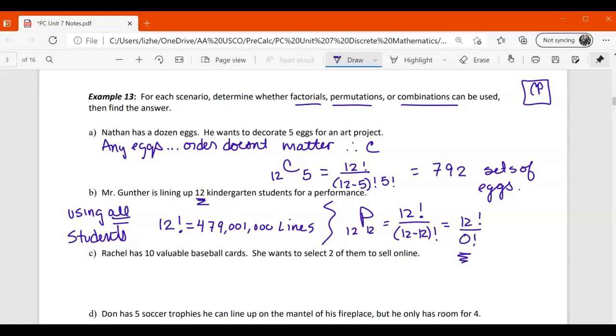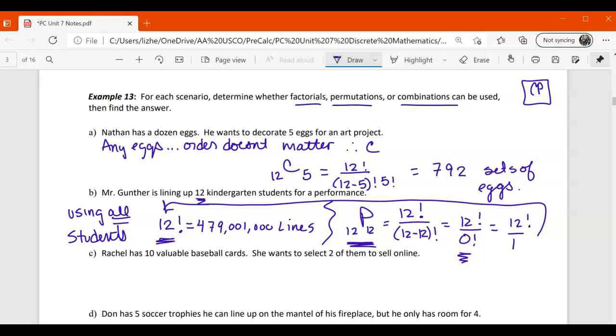And remember that very first thing I said is that 0 factorial equals 1 by definition. So this is 12 factorial divided by 1, and there we are right here.